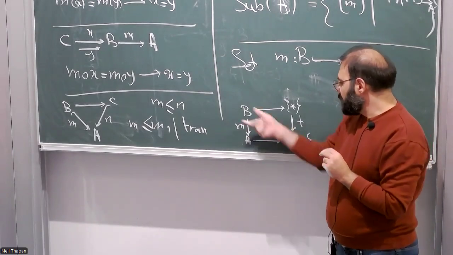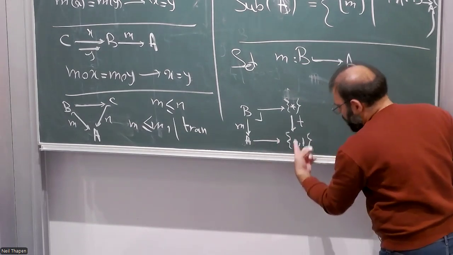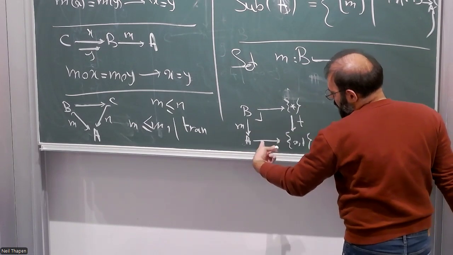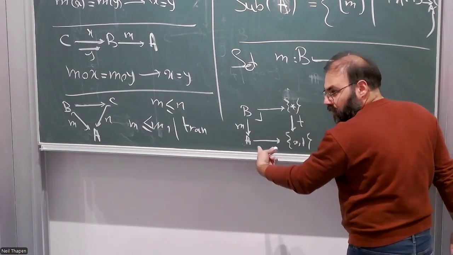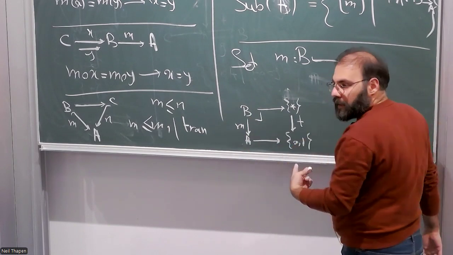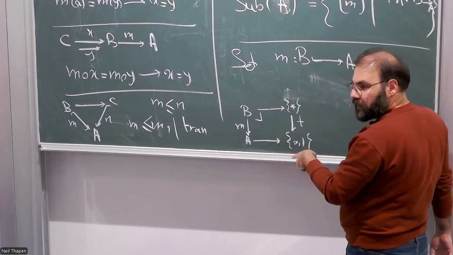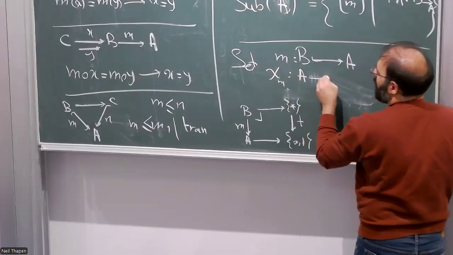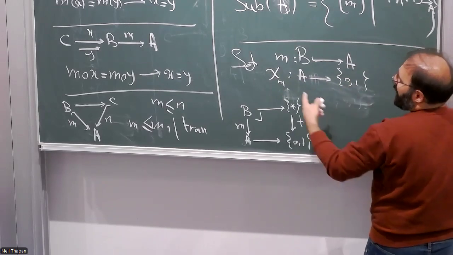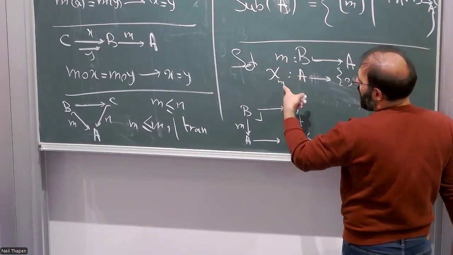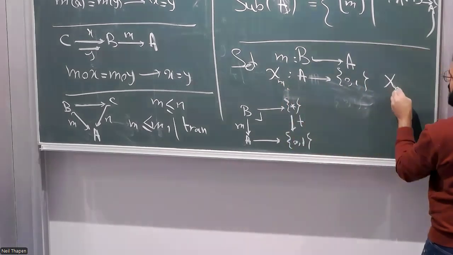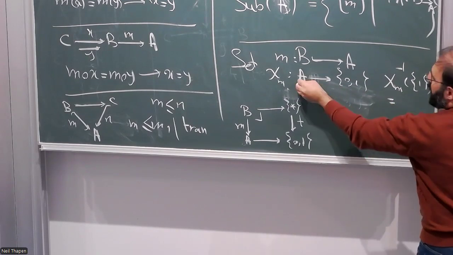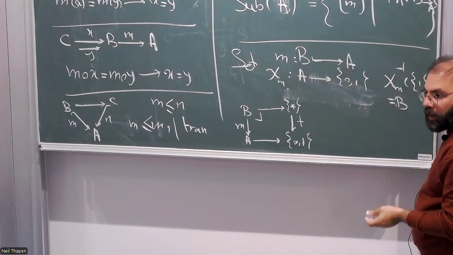The relation between the two is simply that if it's a characteristic function and it picks 1, then this pullback is just the inverse image of 1, and the inverse image of 1 should be B. So you have M here and the character of M here, and this is a character for M when the inverse image of 1 in A is B.